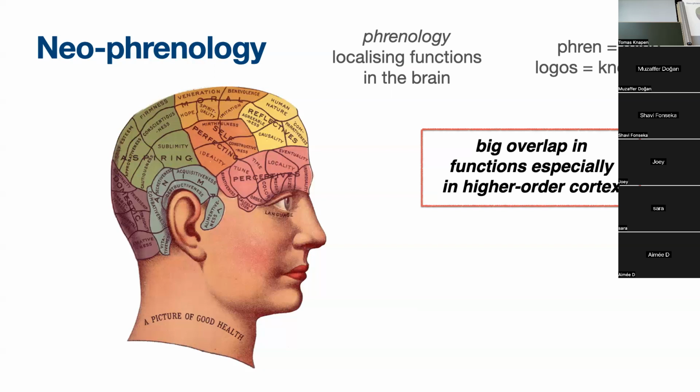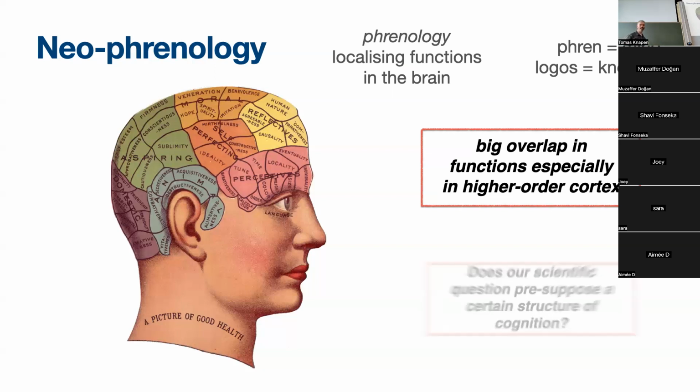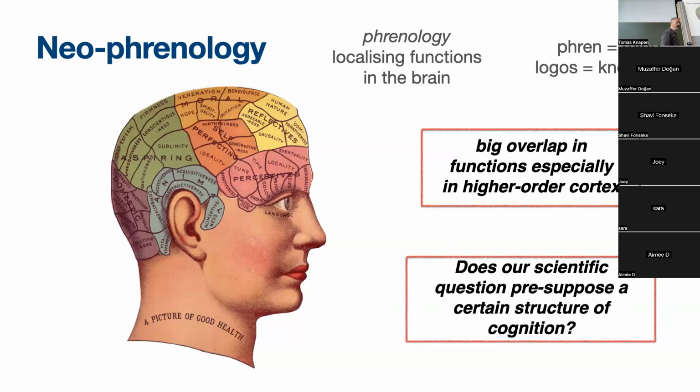Okay? So all of these labels are preconstrued human constructs, and it's just a matter of debate whether these even align with what a specific brain region might be doing. Right, and this is a very important question that I think we need to learn to turn on its head.